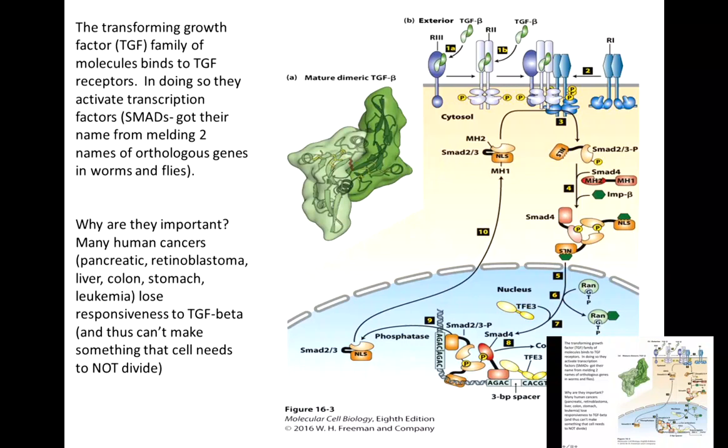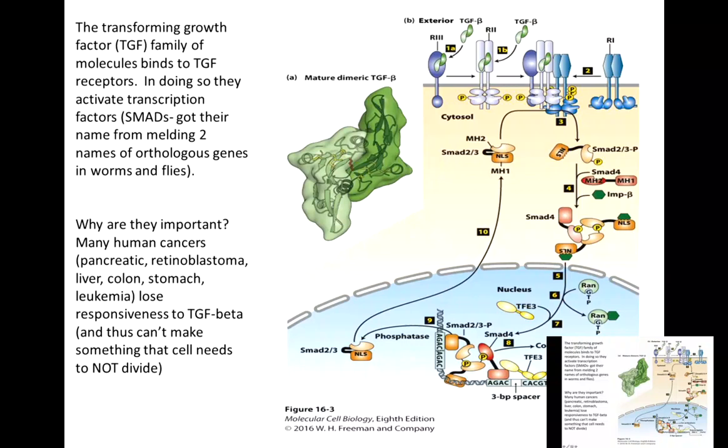Importin is important for getting this complex into the nucleus. So this is like a ticket to get you through the gate of the nuclear pore. The SMAD complex goes into the nucleus, and then there's a protein called RAN with GTP bound to it that takes the importin off once the complex is in the nucleus.